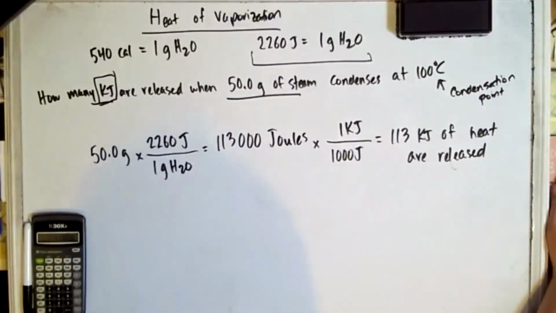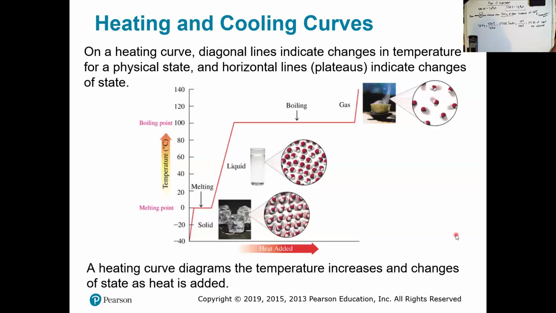Okay. All right, let's go back to the slides because we're going to look next at what's called our heating and cooling curves, which all describe the process of taking something that's in one physical state and moving it into another physical state.